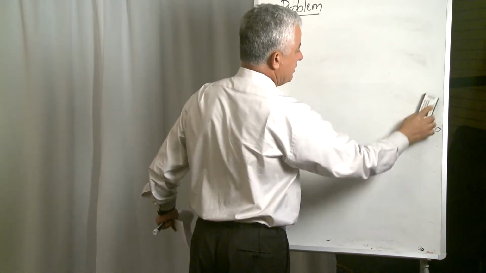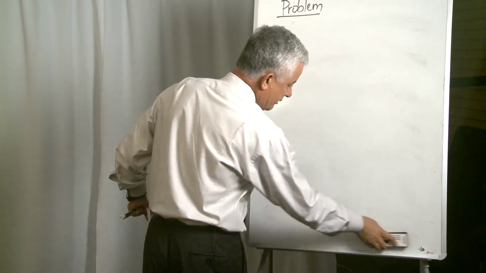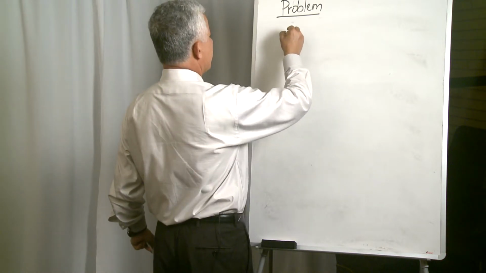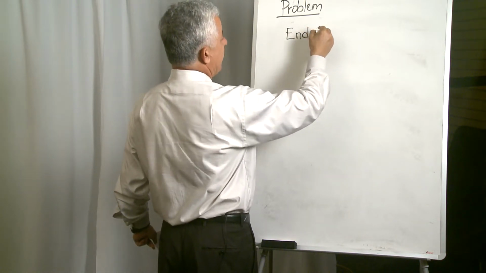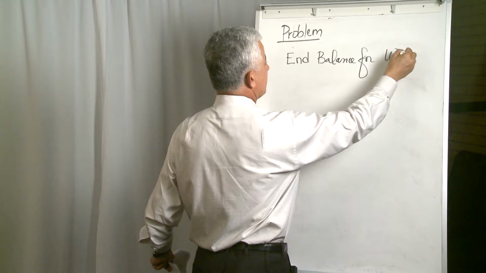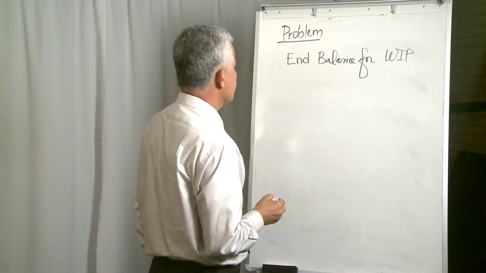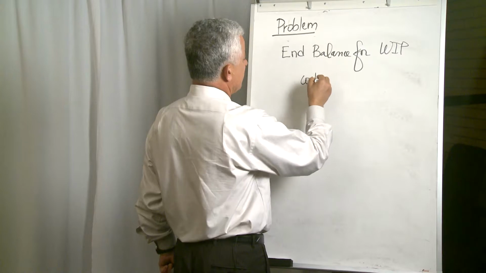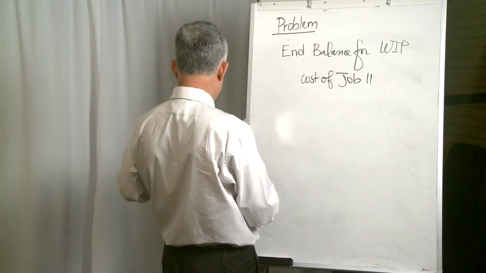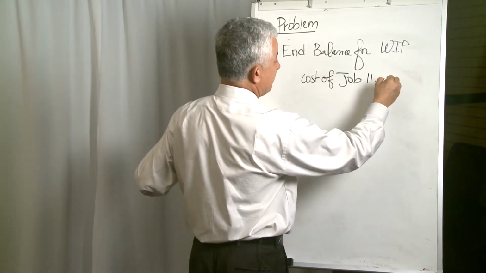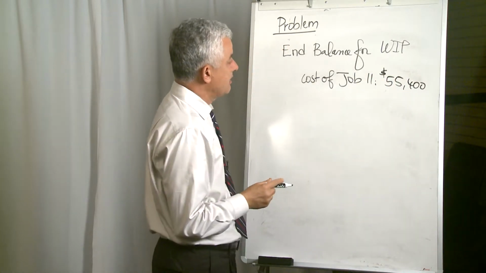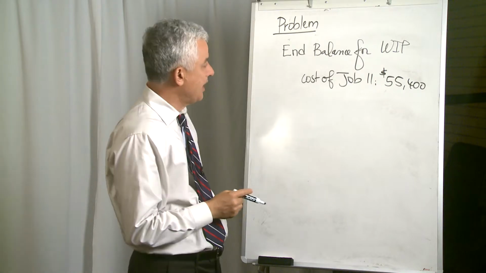Let's make it clear here, nice and neat. So what is the ending balance for work in process inventory? Again, WIP stands for work in process. It's basically the cost of job 11, which we have here, is $55,400. That's the only job left unfinished by the end of the period.